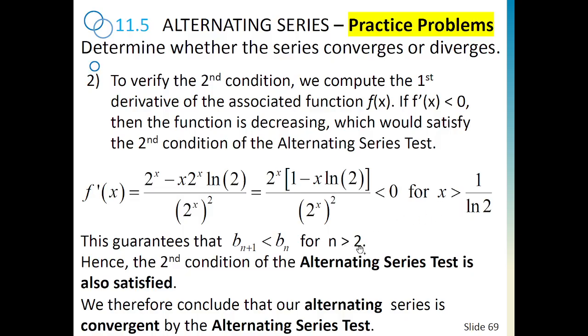So here, for x bigger than 2, we just compute this number essentially. For x bigger than 2, this expression will be negative, so the function is decreasing, therefore the terms in our series will be decreasing. So that verifies the second condition.